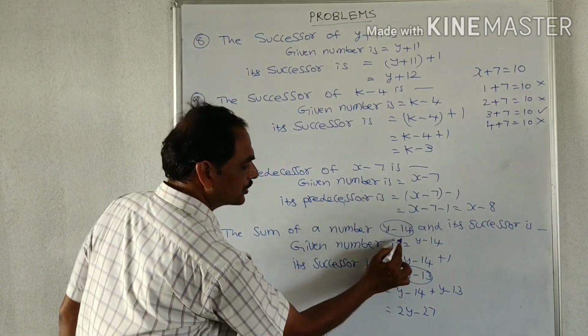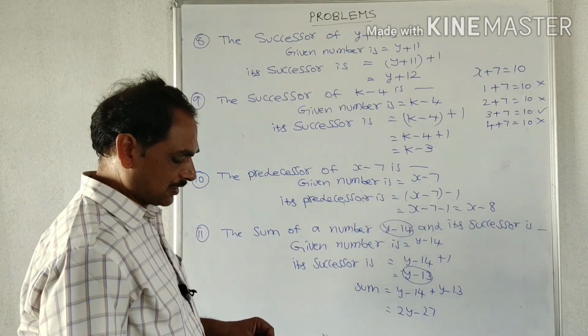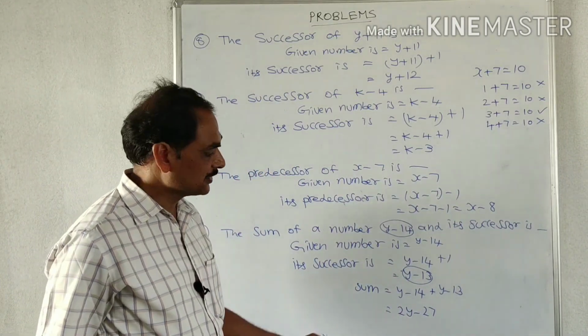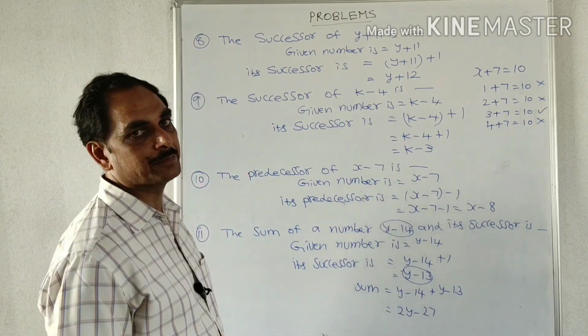So the sum equals y minus 14 plus y minus 13. Now this is the sum of algebraic expressions. In this, the like terms are the y variables.